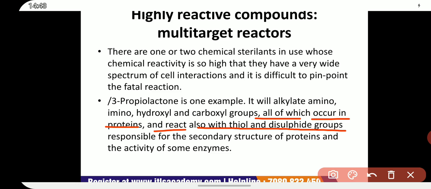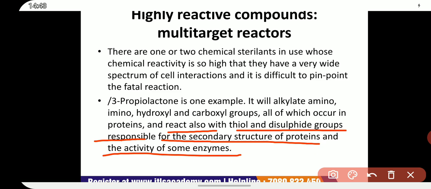As we know that in proteins, amino, imino and carboxyl groups are important because these are naturally occurring groups in the amino acid. So if there is any reaction with these groups, then this will disrupt the structure and synthesis of protein. They react also with thiol and disulfide groups responsible for the secondary structure of proteins and the activity of some enzymes.